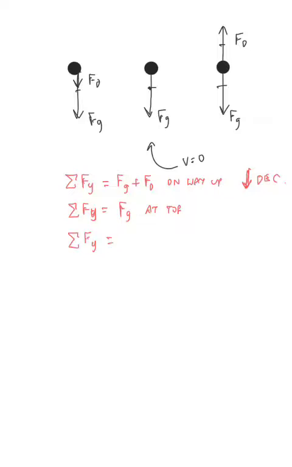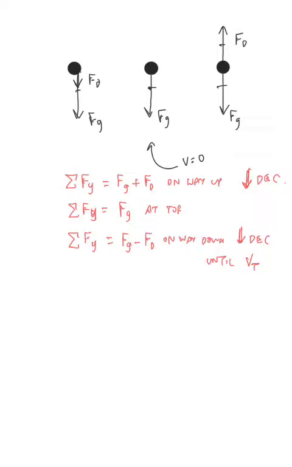So we can say that it is Fg minus Fd on the way down. It's still pointing in the downward direction overall because the Fg, the downward force of gravity, is bigger than the Fd, the drag force, up until it reaches terminal velocity. So on the way down, it's a downward pointing force that is decreasing until the terminal velocity, or the vT, is reached.